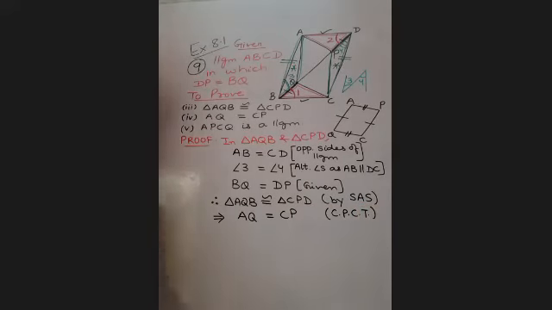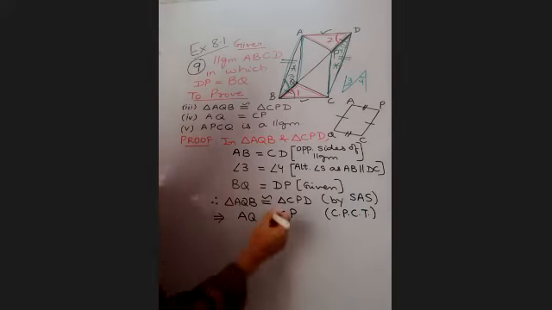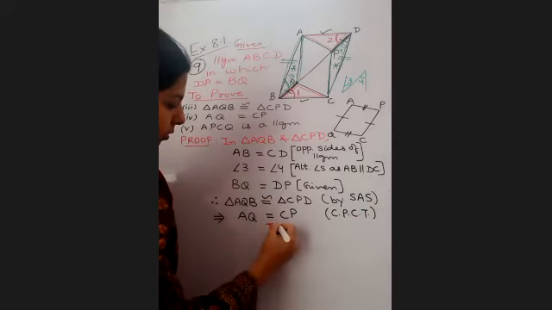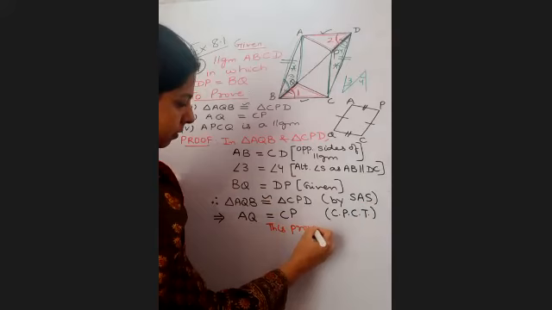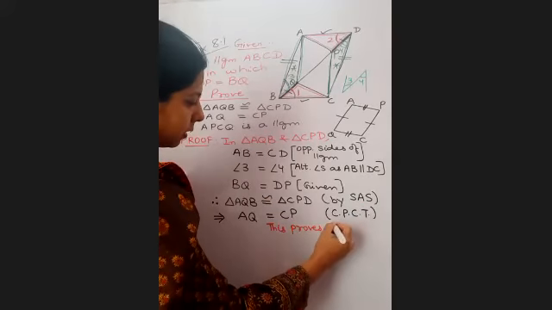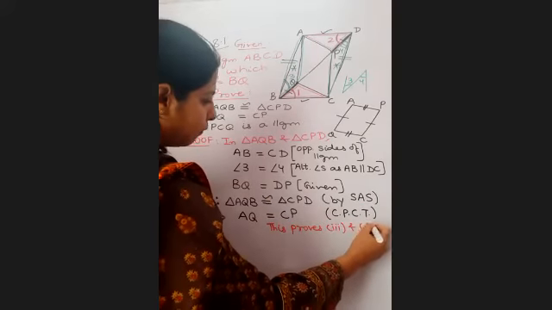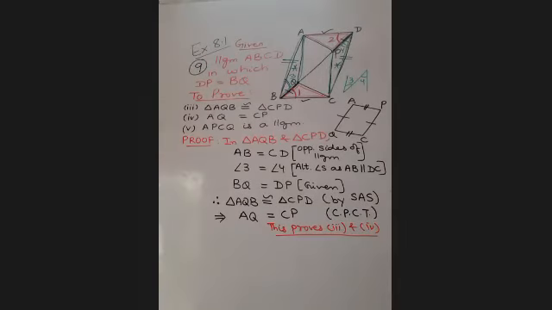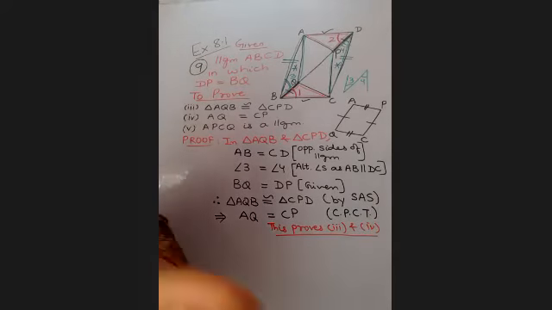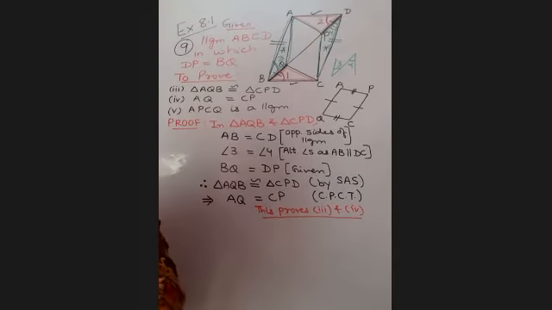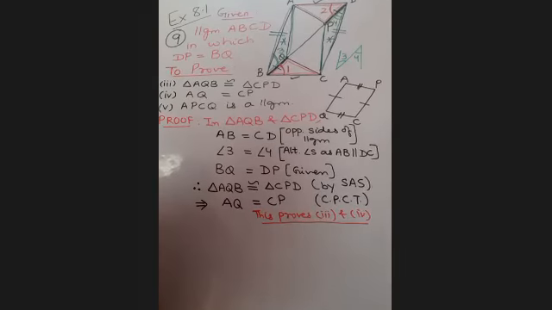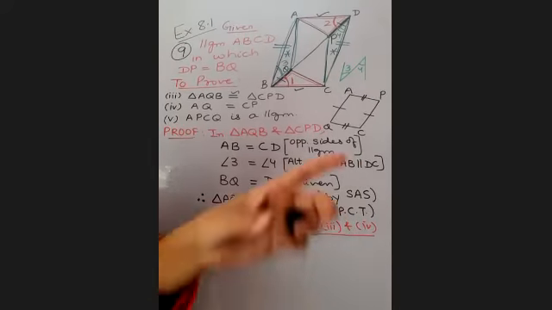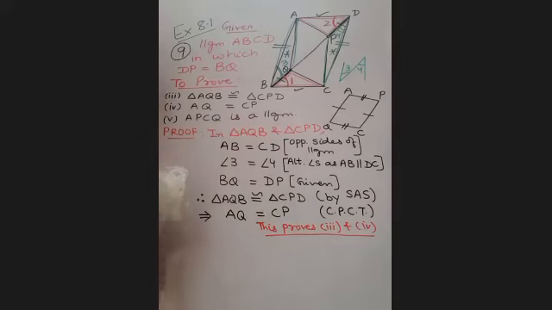All right. So here we are taking a pause as we have proved two parts. So this proves the third and fourth. Okay. Now next we are going to write down the reasons for part 5. We are going to give justification for why APCQ is a parallelogram.